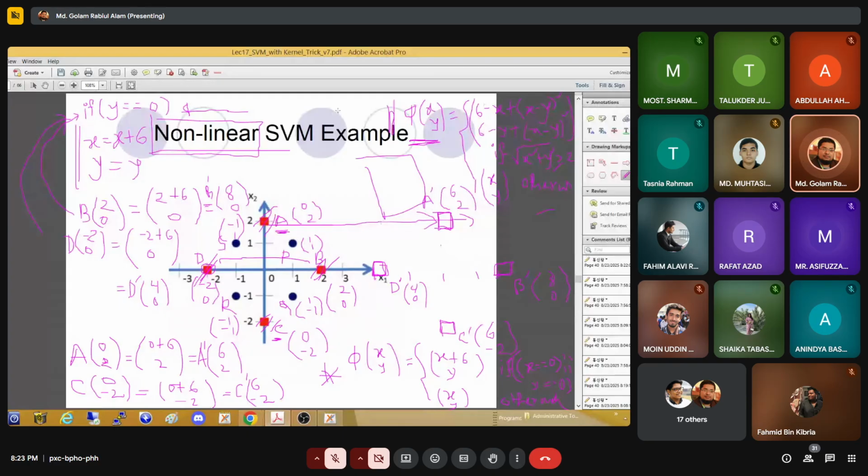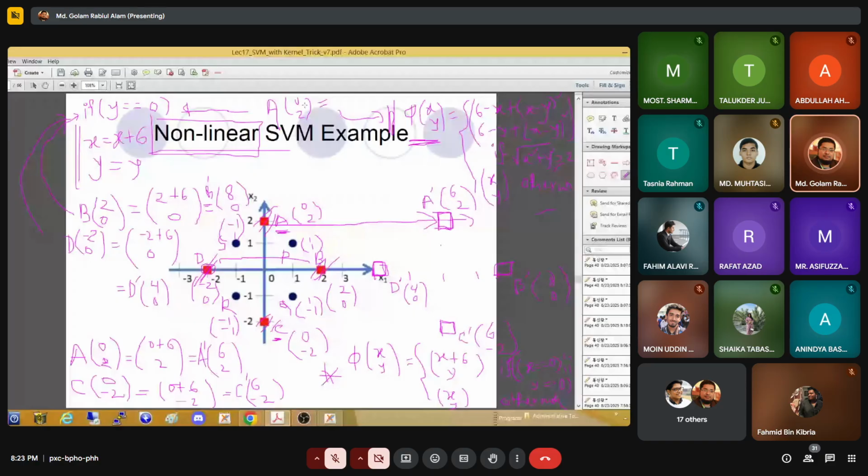Let's say we want to utilize this one. Let's think about data point A for this case. For data point A, what will we get? A is our 0, 2. So at first we need to check the condition, that means whether the square root of x square plus y square is greater than or equal to 2 or not. For this case, x is 0 and y is 2.